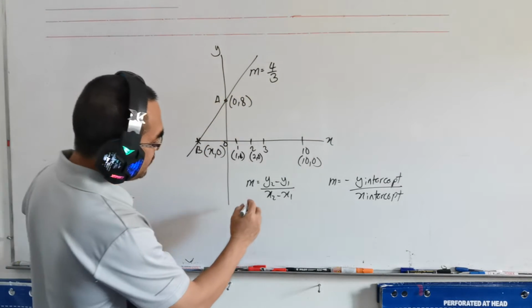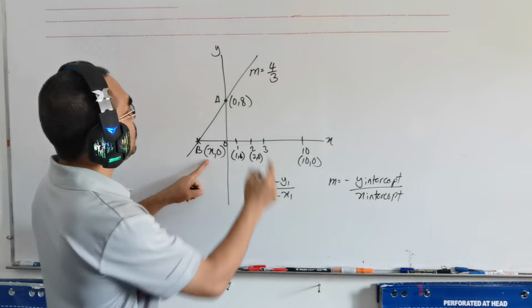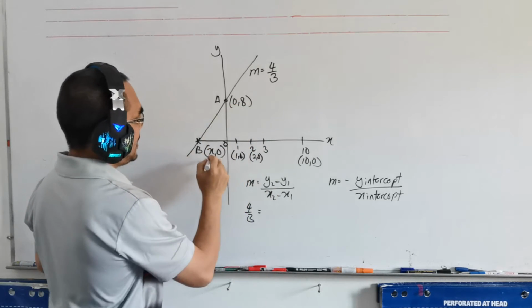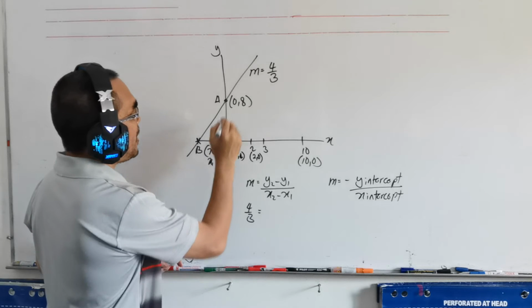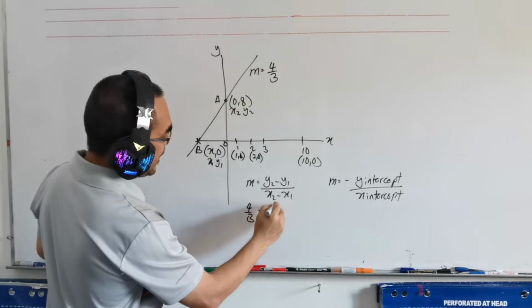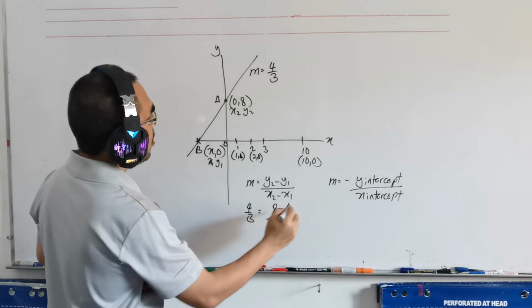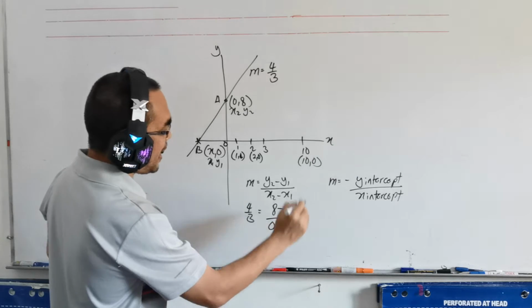So m is 4/3. Let's say this is x1, y1, and this is x2, y2. So 8 minus 0 over 0 minus x.